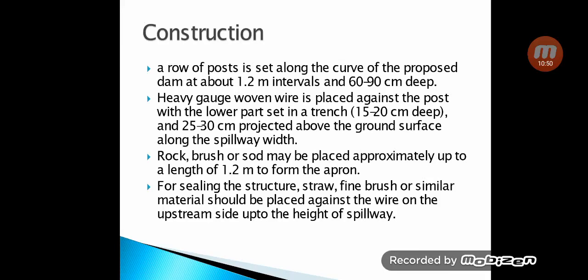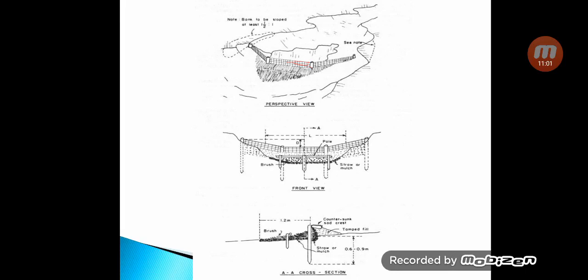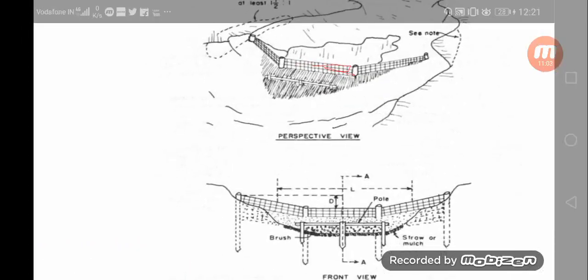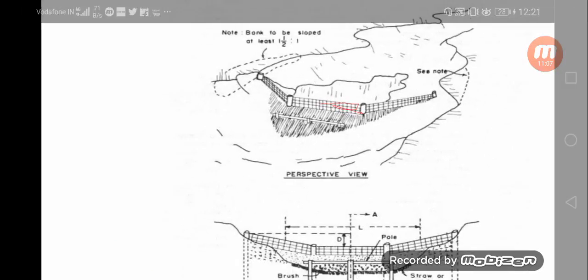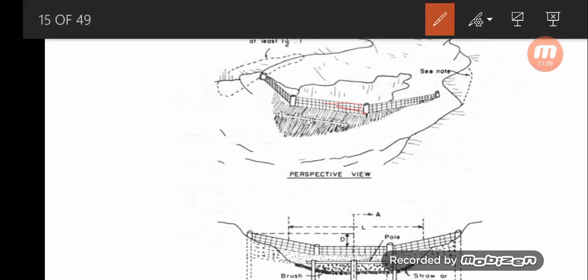Also, rock, brush or sod may be placed up to a length of approximately 1.2 meter to form the apron. This slope is called the apron. The water will flow through this apron.